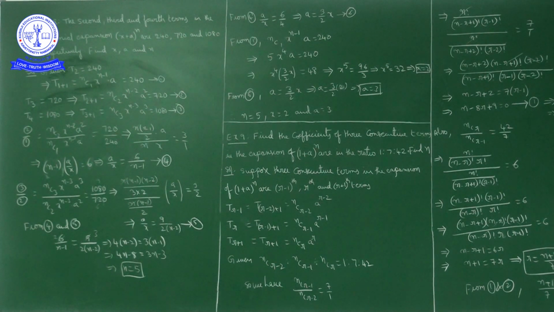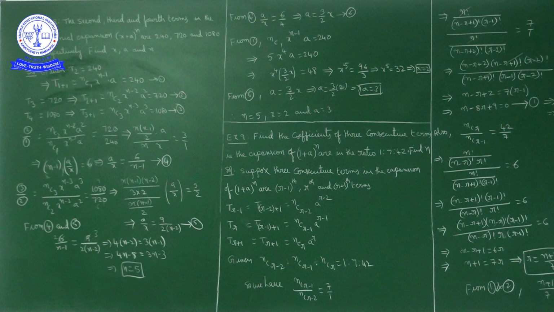Now the third term T3 is given as 720. T3 is nothing but T(2 plus 1), that is nC2 x to the power n minus 2 into a to the power 2, which is equal to 720.